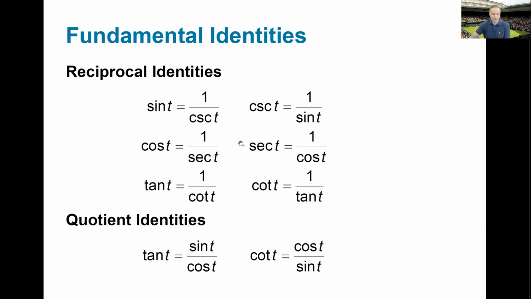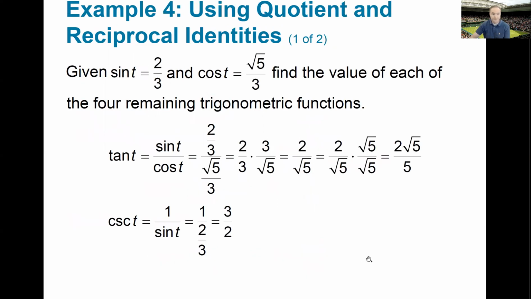So all of those reciprocal identities, and that the tangent is equal to, we said on the unit circle, y over x. Well, it's also sine over cosine. And it's the same thing as saying the y component over the x component on the unit circle, since the sine is the y component in the unit circle. The cosine is the horizontal or x component on the unit circle. The cotangent's just the reciprocal of that, so it's cosine over sine.